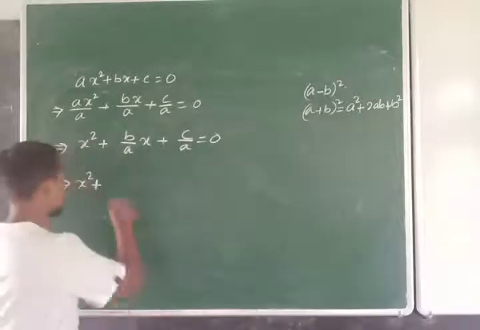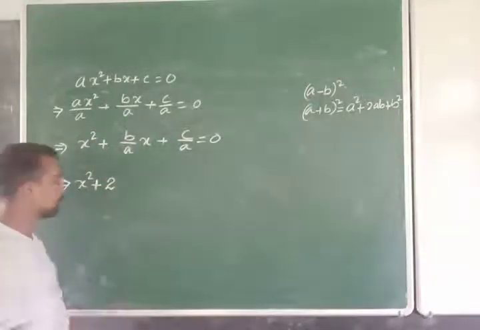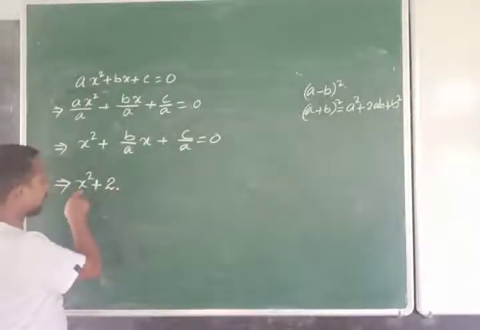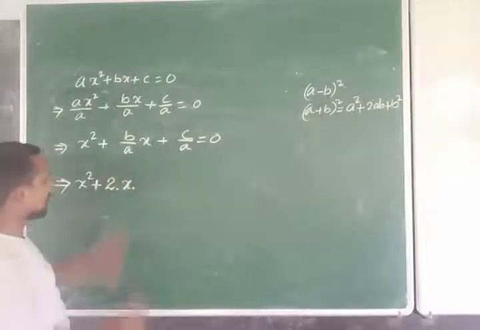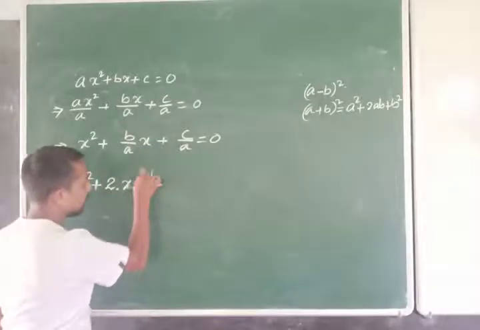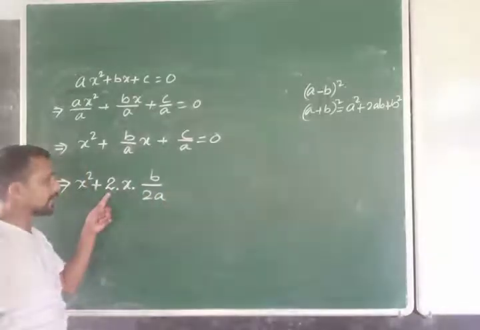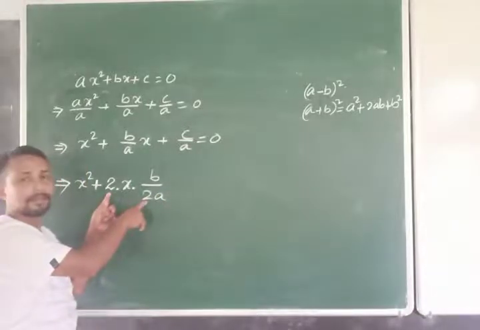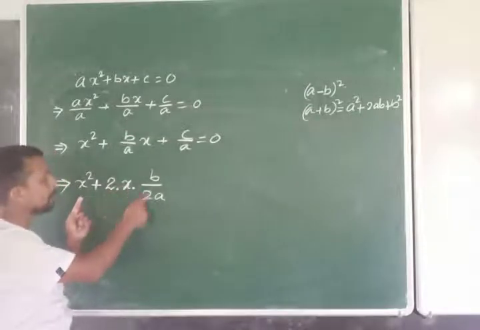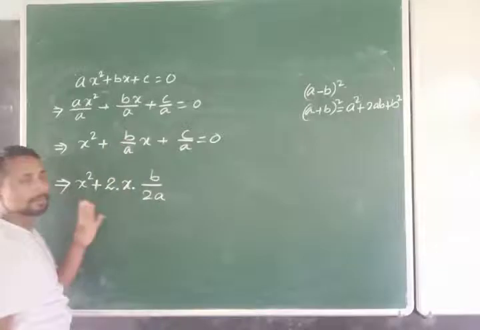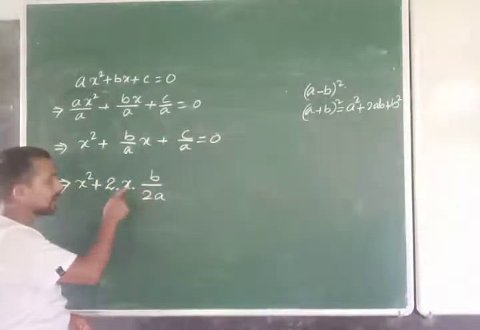So let us try to put the twice to make it like the identity. Twice, a is x, so what can be the b here? B by twice a, since we multiply by 2 here, we divide by 2. Now twice a, if you cancel this, we get b by a into x.